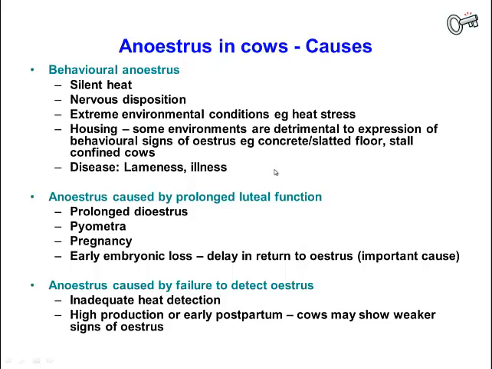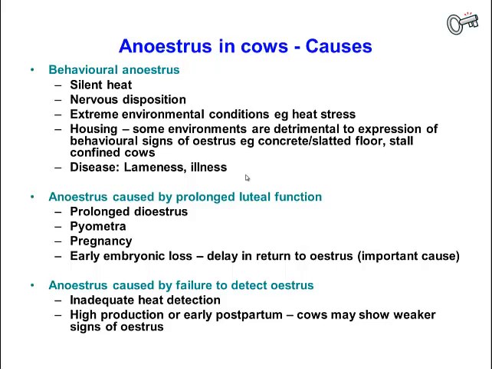Some of these include having concrete floors, so the cows are not confident on that surface and they feel like they're going to slip if they're showing signs of heat, and so they're more reluctant to show signs of heat. And again, if they're affected by any sort of illness, particularly lameness or any other illness, they may not show signs of heat. So these are causes of behavioural anestrus, things that are affecting the behaviour of the cow or suppressing the estrus behaviour of the cow.